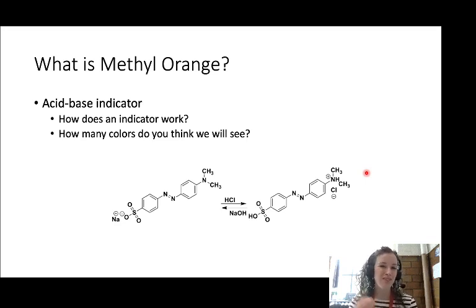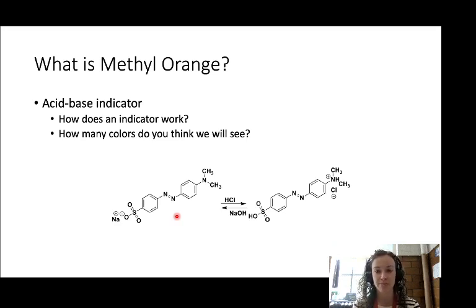The wavelength of light that this molecule will absorb changes because the electrons are at a different energy state. They can be excited differently. So we should see different colors upon various different steps of protonation. So keep a very close eye on the color of your solution as you perform your titration once we have made product.